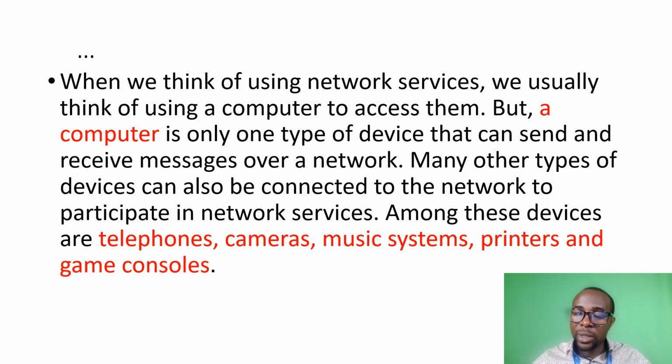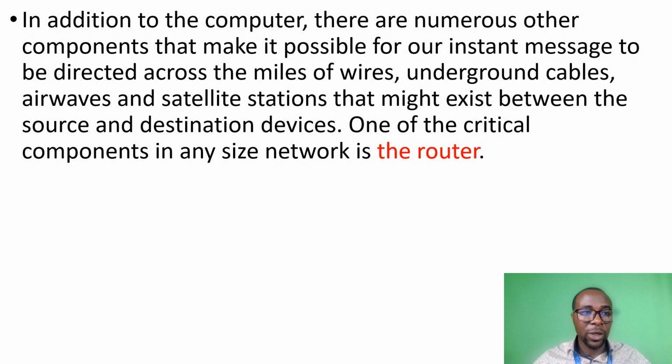Furthermore, we are going to see the role of each of those devices. Let's look at router, an important device in a computer network. The router works as the interconnection of different networks.